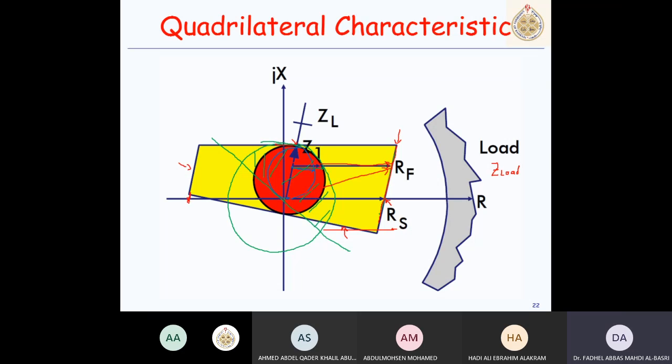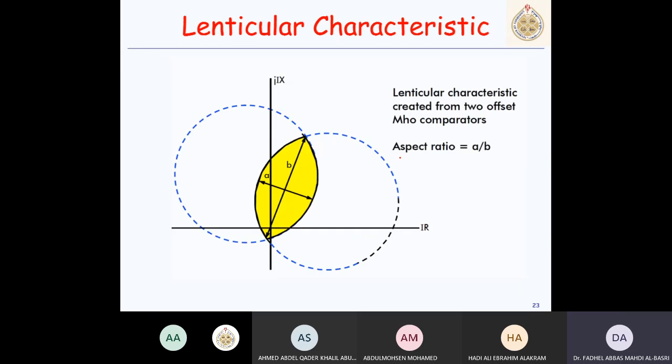It crosses here. So I need to have this setting. I need to know this angle, also another setting. This angle also as another setting. So these are the settings when you want to set quadrilateral characteristics.